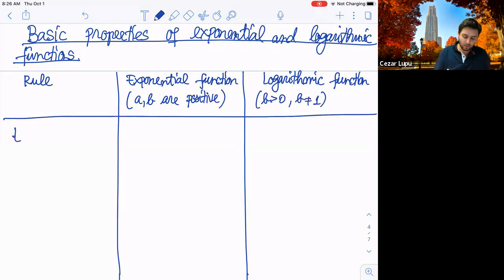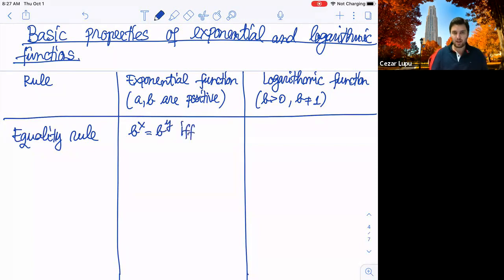The first one is the equality rule. And let's see what's going on here. For the exponential function, we have that B to the power X equals B to the power Y if and only if X equals Y. In other words, the exponential function is 1 to 1.